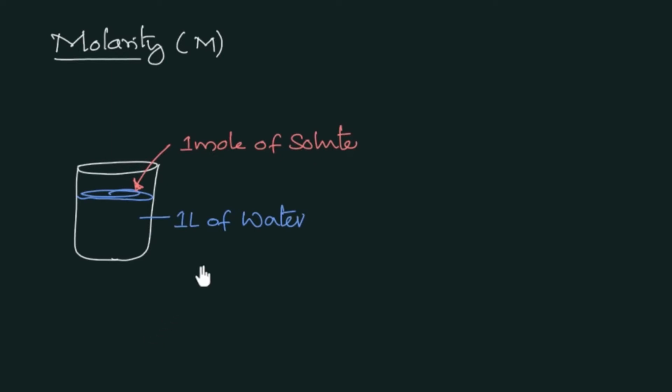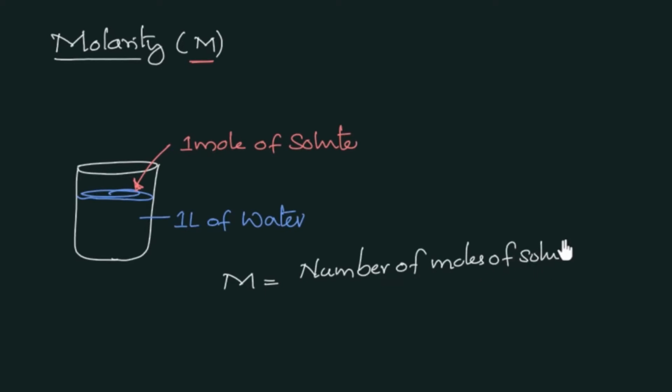Now we have to express the concentration of solute in the water, and for that we use the term molarity. Molarity can be defined as M equals the number of moles of solute added in 1 liter of solvent, or generally we can write, the volume of the solution.